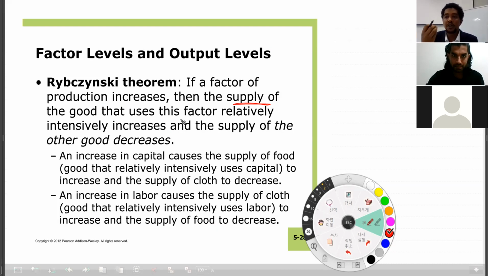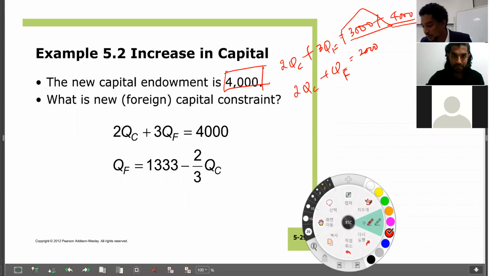Because we have these resources to produce only these two goods. So if we are using more resources to produce one, we are going to produce less of the other product, okay? So an increase in capital causes the supply of food, the good that relatively intensively uses capital, to increase, and the supply of clothes to decrease, right? And an increase in labor causes the supply of clothes, because clothes is labor intensive, to increase, and the supply of food to decrease, right? So I hope that is clear.